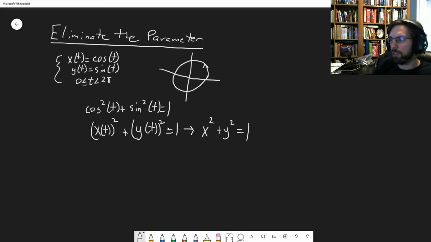So this is more or less a special case. We needed some way to relate our x of t and our y of t together into a single equation. Let's look at another example and see how this is going to work more in general.